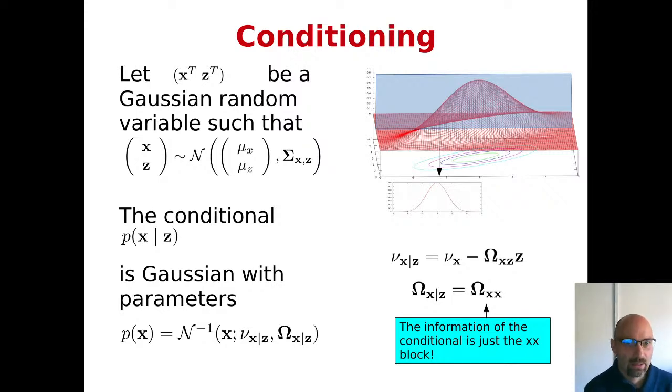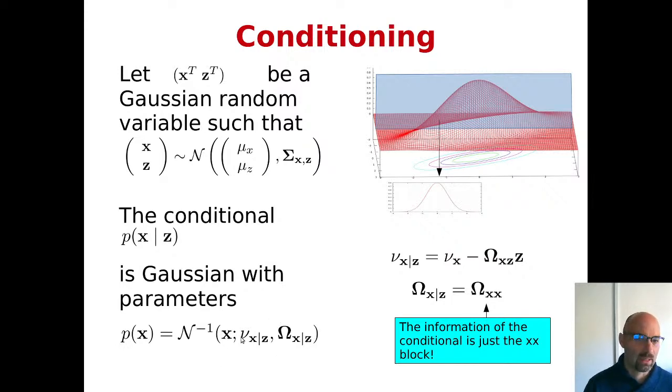We have a joint distribution over state and measurements, and we want to calculate the conditional distribution given the actual measurements. Looking at our rules on conditioning, we figure out that the new conditional distribution is a Gaussian that has parameters eta of x given z, where this is the information vector, which is equal to the information matrix times the mean, and has a certain information matrix omega of x given z.